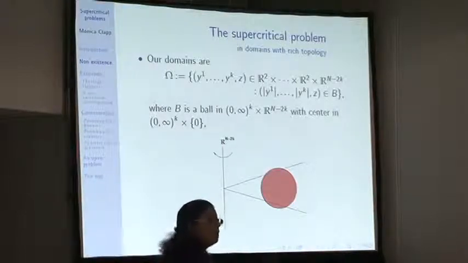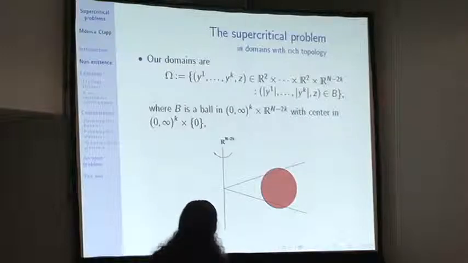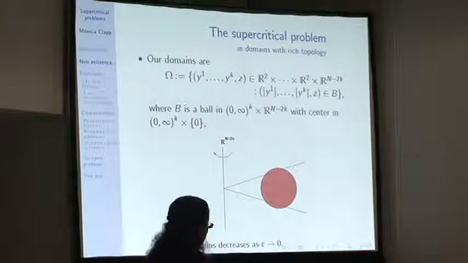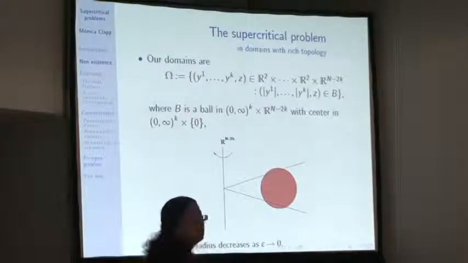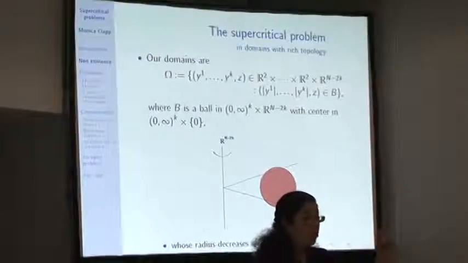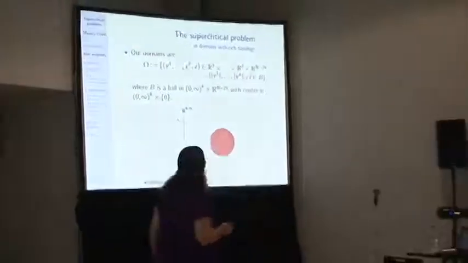So what you obtain is a torus, the product of k circles, okay? But now we have to be careful. We cannot take just any ball. We need the radius of the ball to be very small, okay? So that's the role of the epsilon in the previous theorem. Okay. So you're saying that for every positive epsilon, you can choose a domain? That's right. You can choose a ball, but the radius goes to 0.